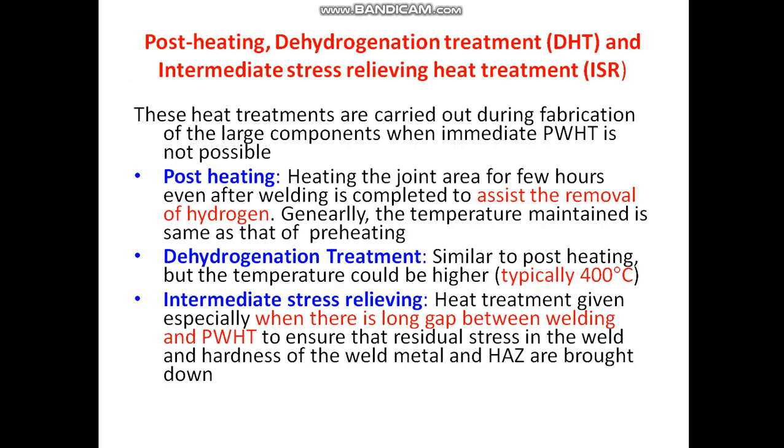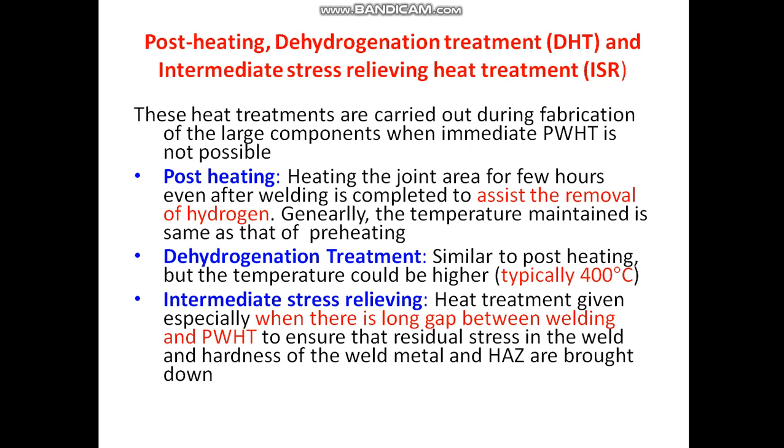Now about post-heating, dehydrogenation treatment, and intermediate stress relieving heat treatment, ISR. These three things are very necessary to understand with respect to chrome steel. They are carried out during fabrication of a large component when immediate post-weld heat treatment is not possible. For post heating, the joint area is heated for a few hours even after welding is completed, to assist the removal of hydrogen.